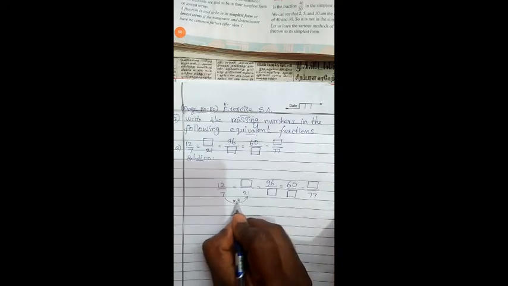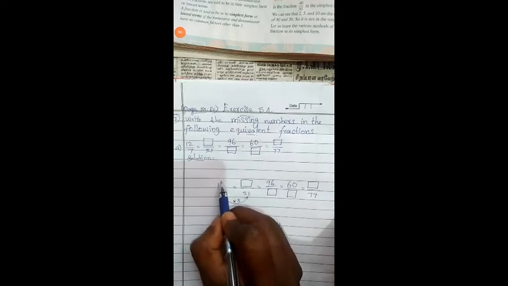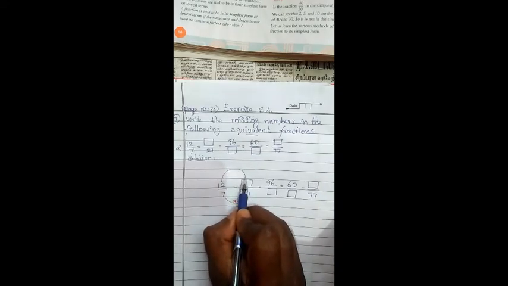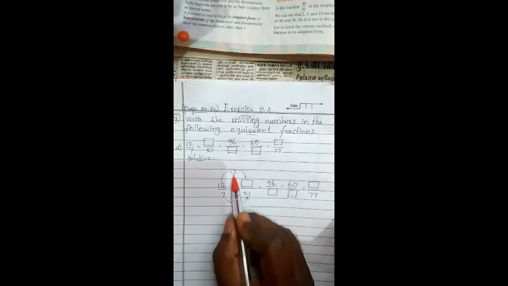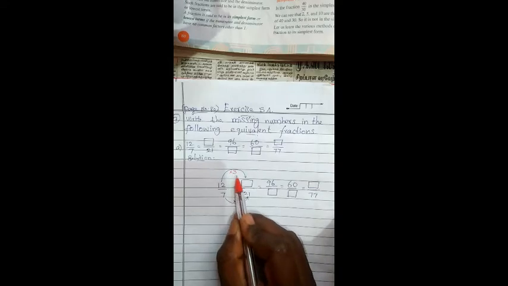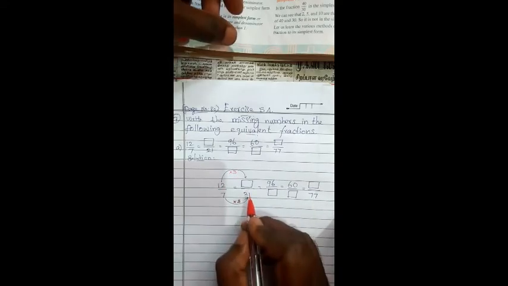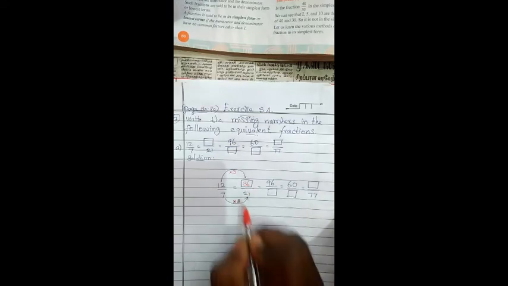Then you must multiply the numerator also by 3. By 3 only. Same 3. So 12 3s are 36, right? You write 36.